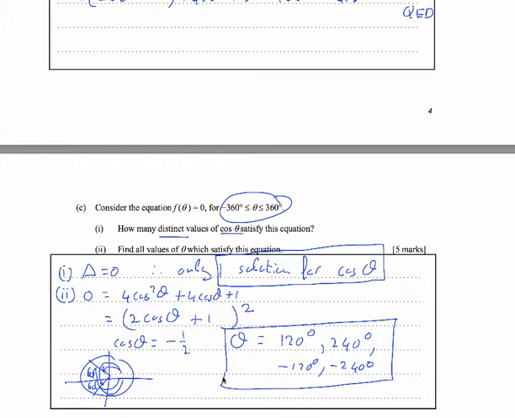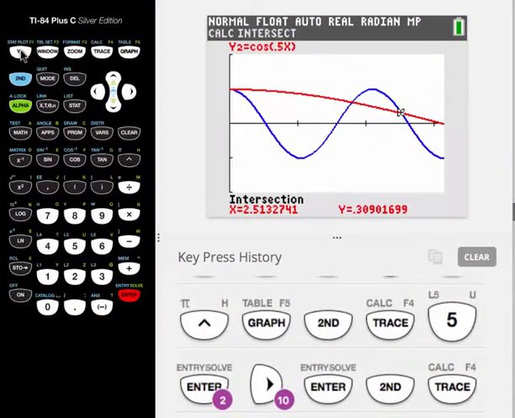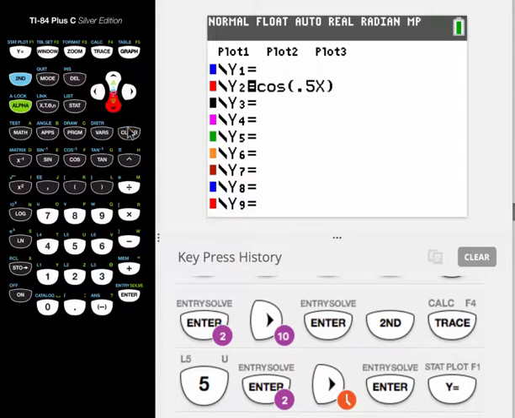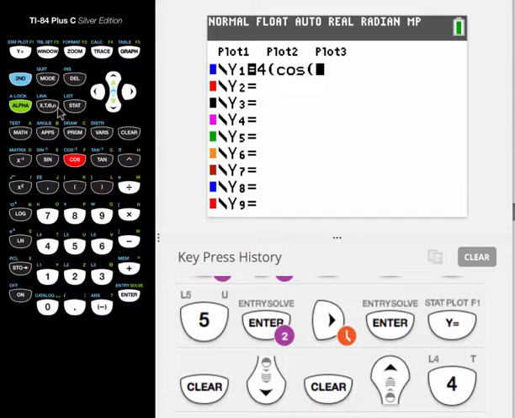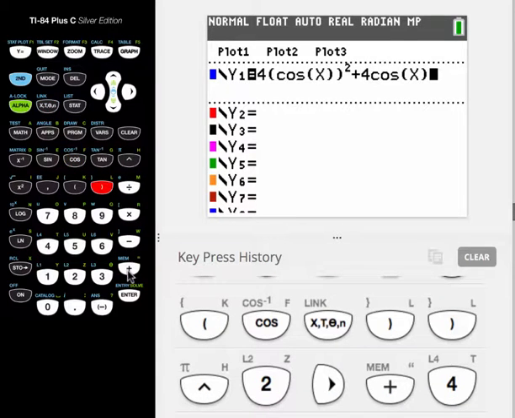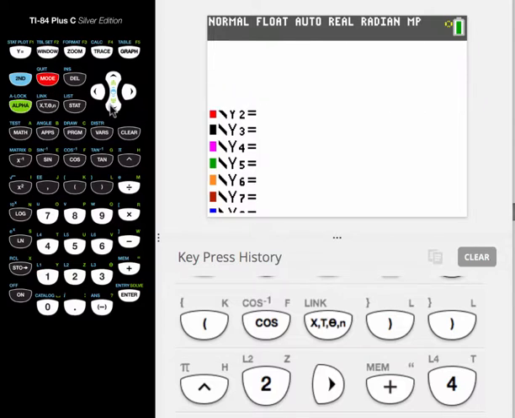Right. Now, of course, this is paper 2, so do I have time to check? I'm doing okay for time, so let's check whether I got this one correct or not. So I've got 4 times cosine of x squared plus 4 cosine of x plus 1.